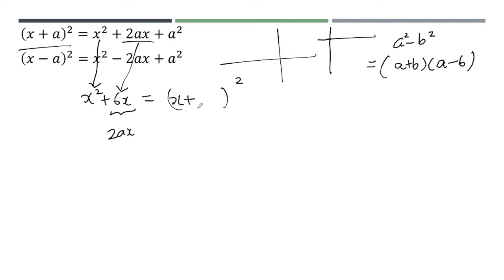My question now is, what is this a? What will my a be? So wait, the answer lies here. This is the 6x given to you, and once it's expanded, you see that this is actually 2ax. So what is this a that I want? So if 2ax is equal to 6x, my a is equal to 3.